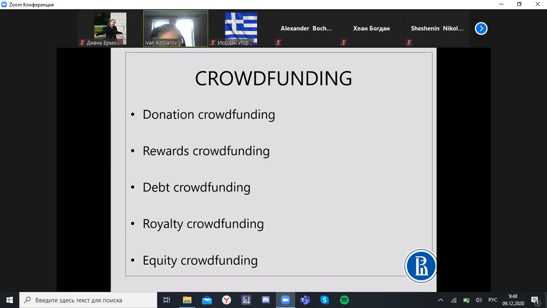The audience is happy to give money, and what will be a reward in this case? For example, an extended version of the game. So you give some amount of money. Normally, this amount of money will be fixed in this case, and as soon as the development of the game is finished, you will get, as a compensation, a developed version of this game, an extended version of this game.